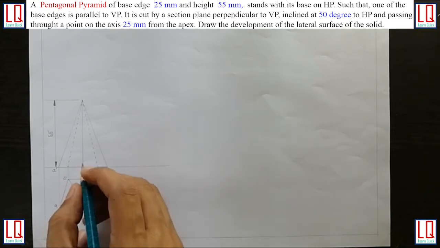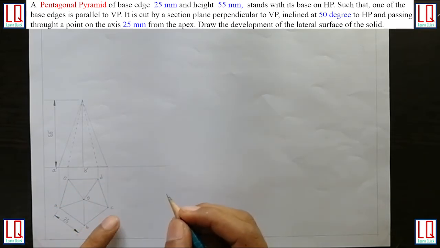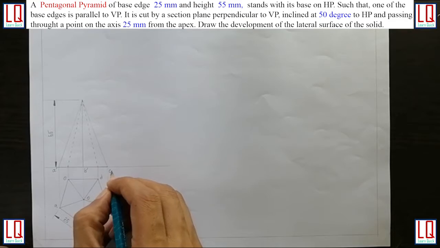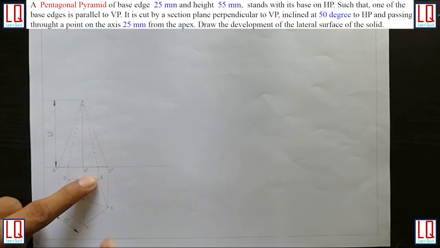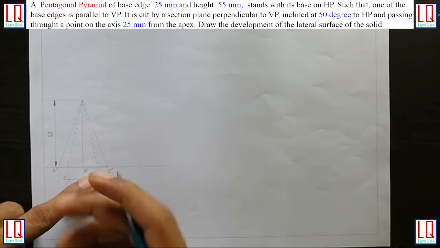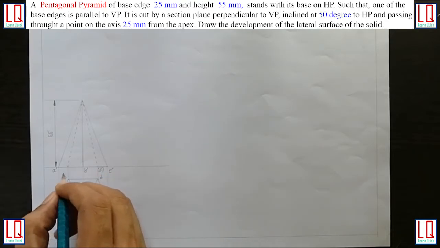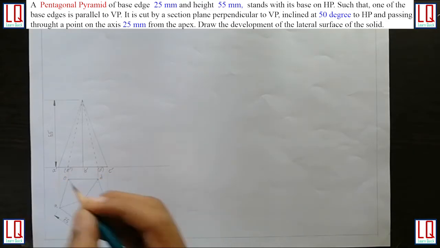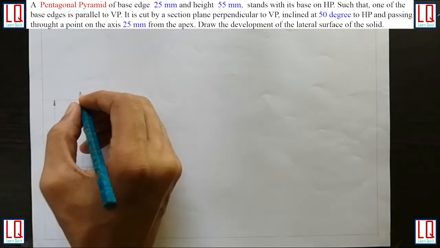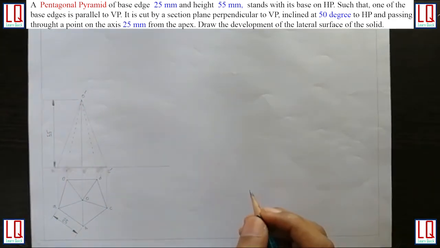Next, B is visible, B dash. C is visible, C dash. Now D is not visible from the front view and it is hidden, so I will name it bracket D dash, and then bracket E dash for corner E. Similarly for O, it is visible, so it is O dash.